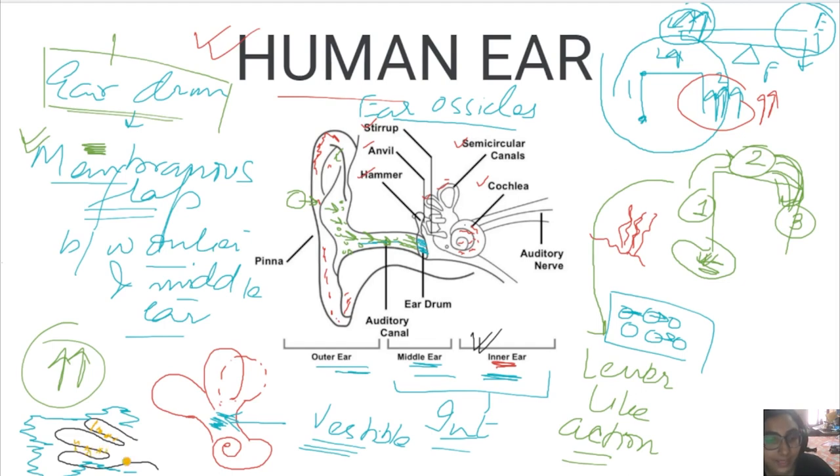So what's happening is basically this fluid all around the cochlea is vibrating, and this vibration leads to the vibration of the hair cells.